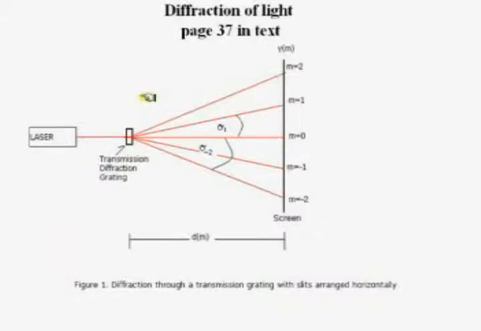Now we'll talk about the diffraction. This is given on page 37 of your text, and we will be showing presently the diffraction experimental setup also. Here we simply use the laser and let it go through the diffraction grating of a specific grating constant.